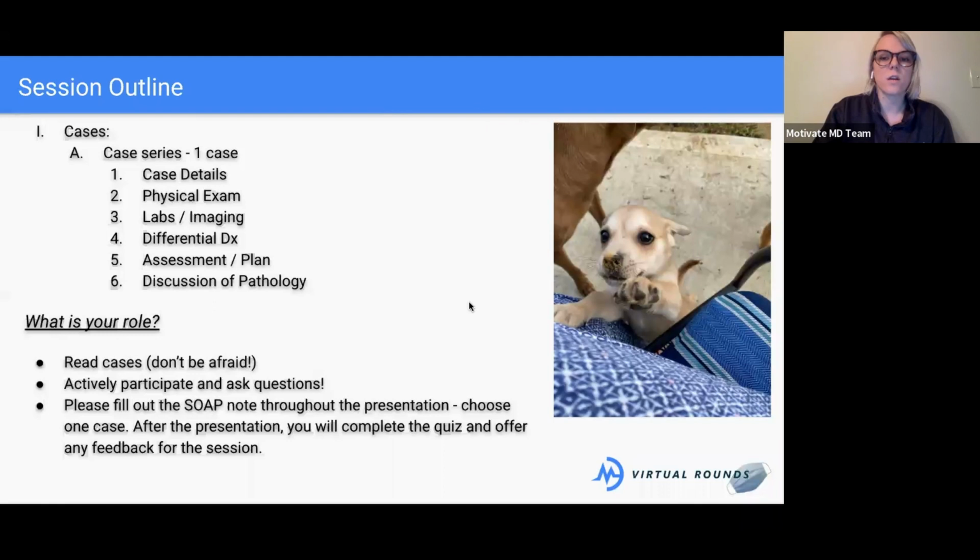All right, so here is our outline for today, how we're going to attack this session basically. So what we'll do is one case. We'll go through the case details. We'll talk about the physical exam findings. We'll talk about pertinent labs and imaging. We'll go through a differential. Then we'll talk about that assessment and plan.